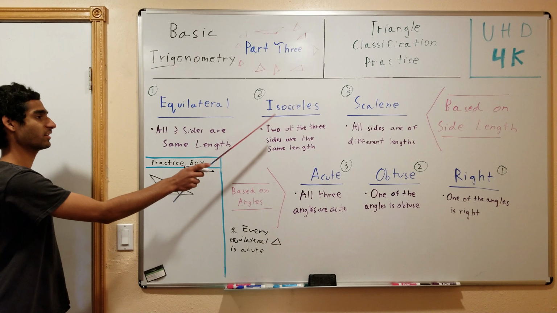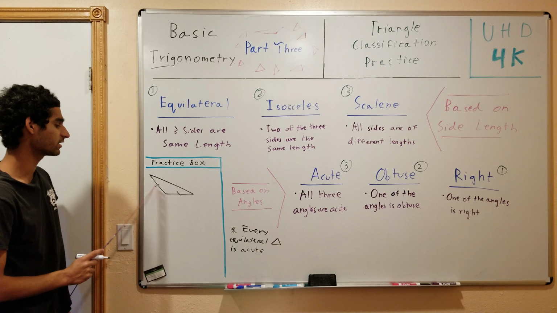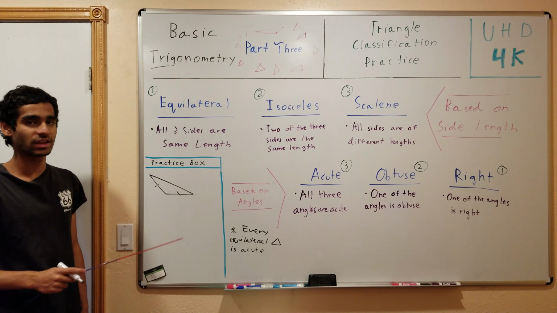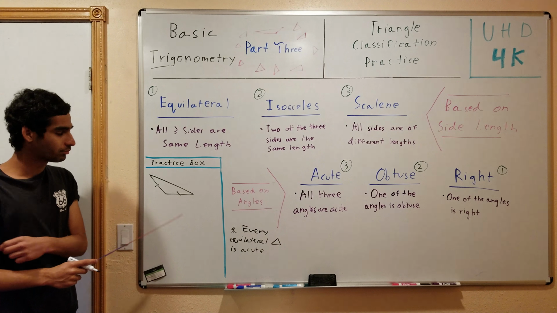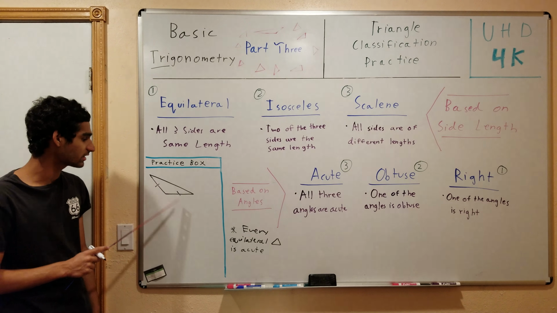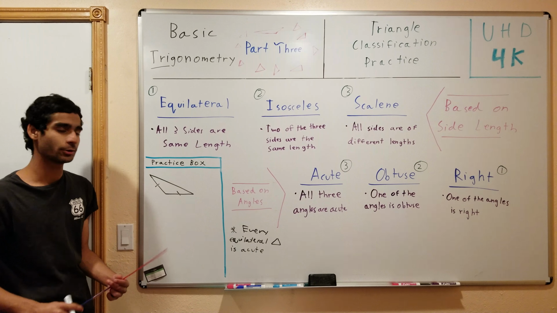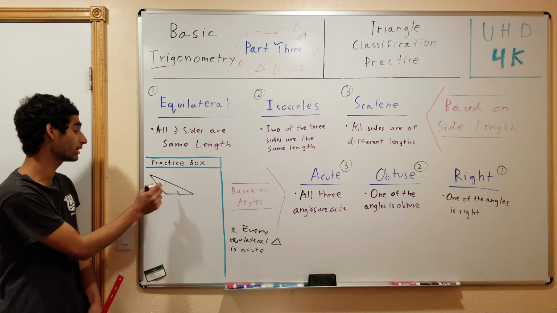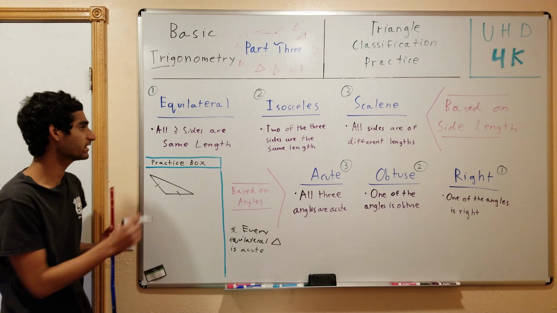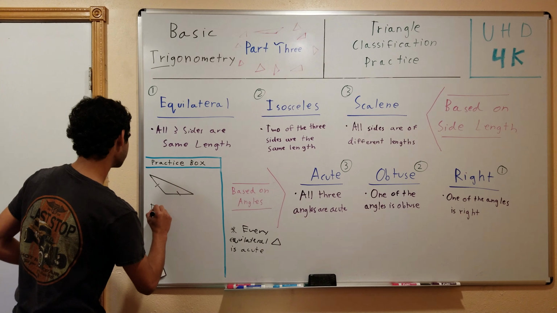No. Is this an isosceles triangle? Yeah, because these two sides are of the same length. And by the way, when you're given problems like this, the book will tell you whether the sides are of equal length or not, because it may be a bit hard to visualize it. If two sides are of equal length, there will be a tick mark drawn through it. So this is an isosceles triangle.